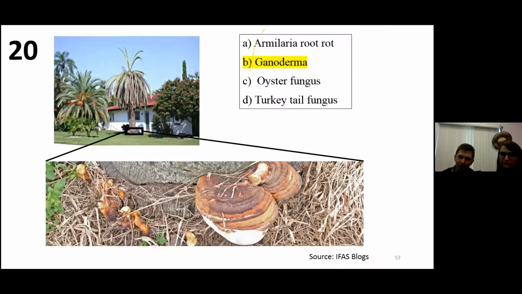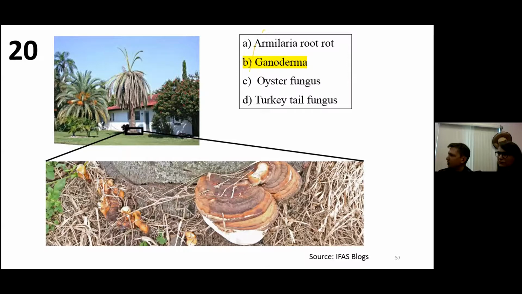And in palm trees, in Florida in particular, it's very lethal over time. But yeah, it's got that rust color and they're very large. Some of these other ones would be much smaller mushrooms. And so that's what really sets Ganoderma out.